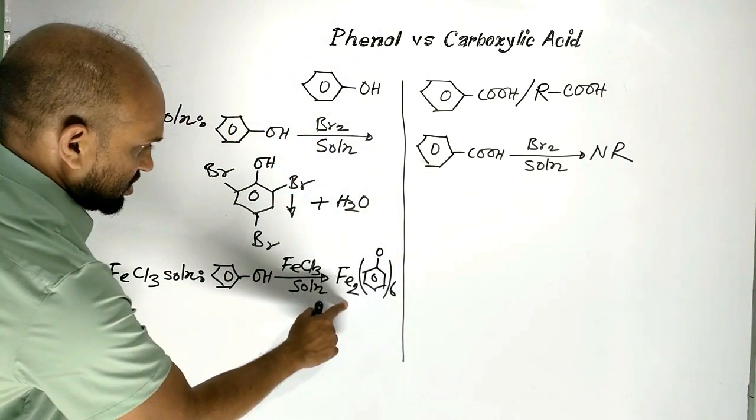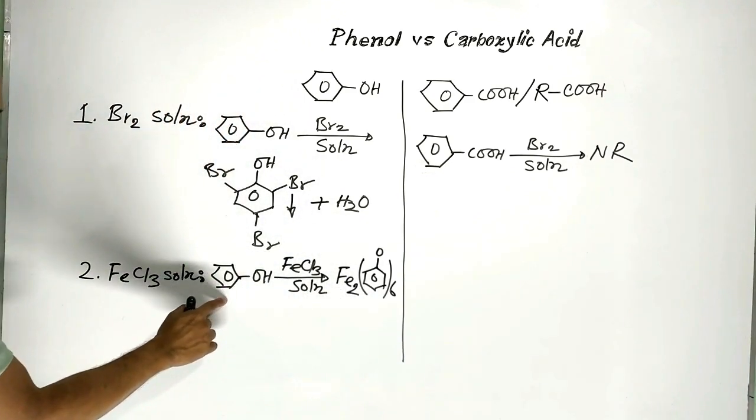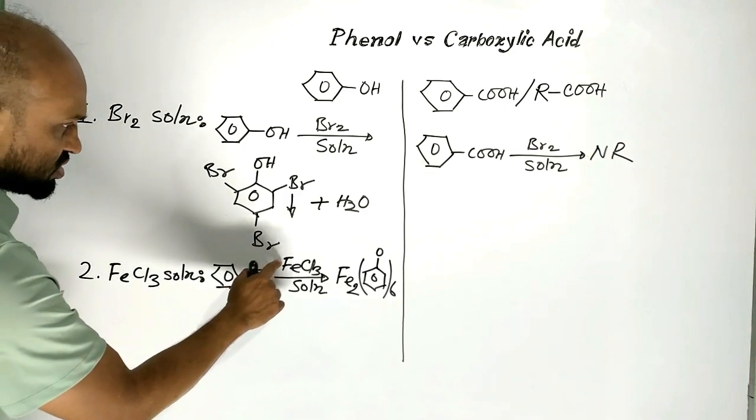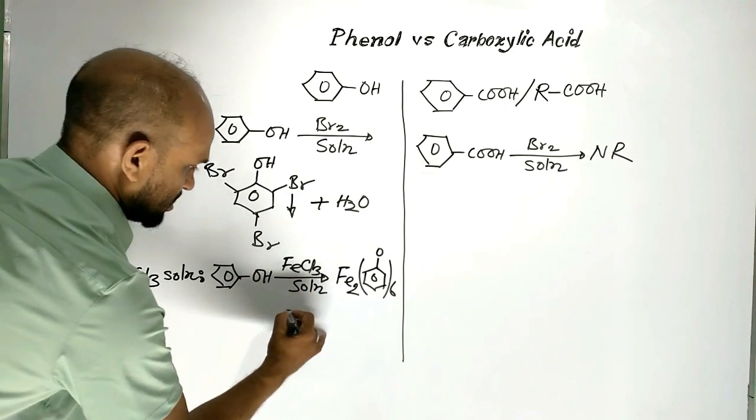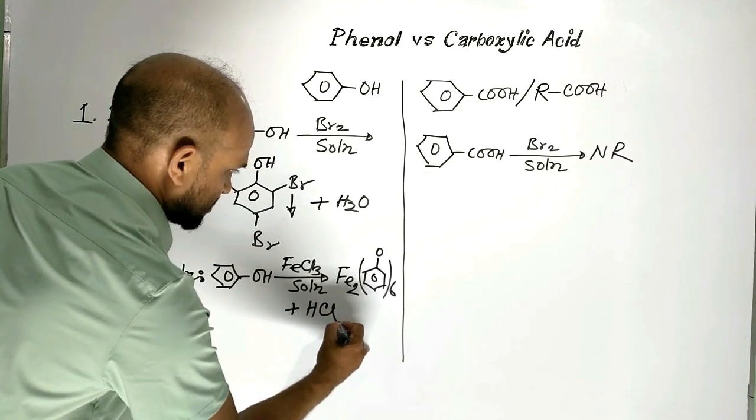Violet colored diferric hexaphenate is formed when phenol reacts with ferric chloride solution. Here, HCl is formed as byproduct.